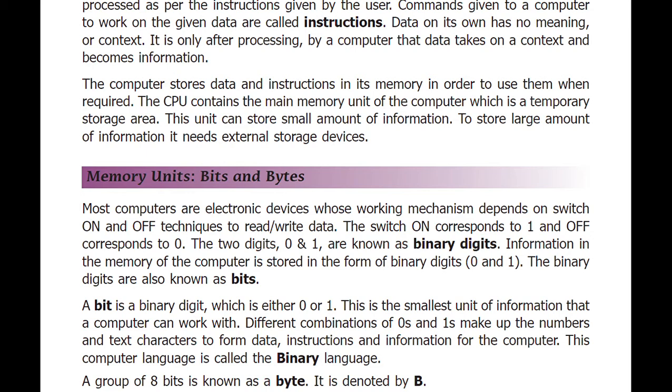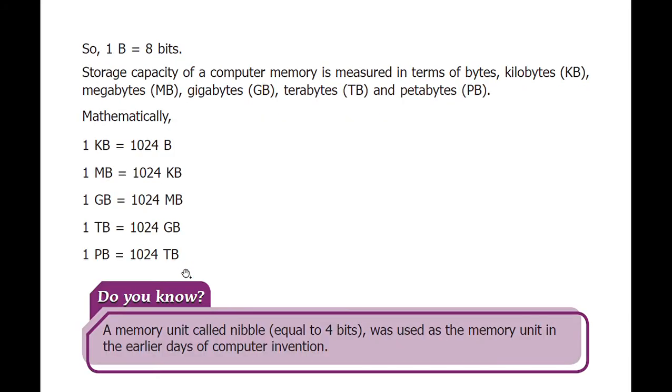A group of 8 bits is called a byte, which I represent as a capital B. So 1 byte means 8 bits. What is 1 bit? It's a 0 or 1. If I combine such 8 bits, I call it 1 byte.